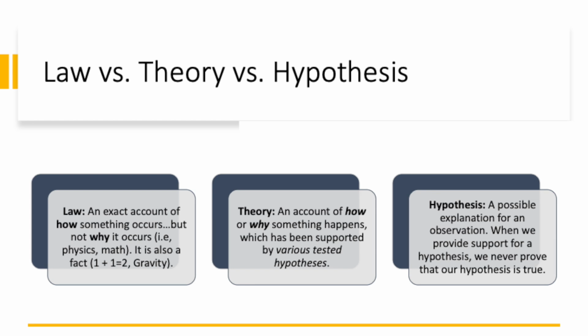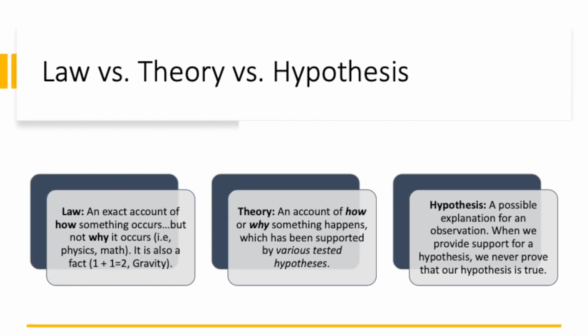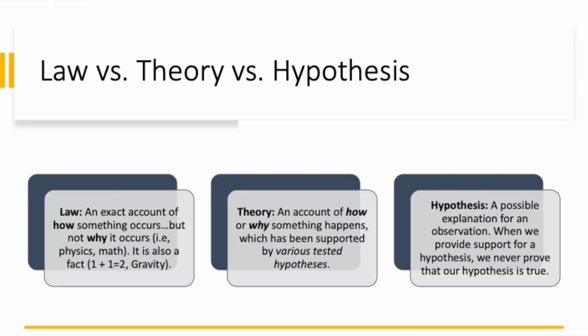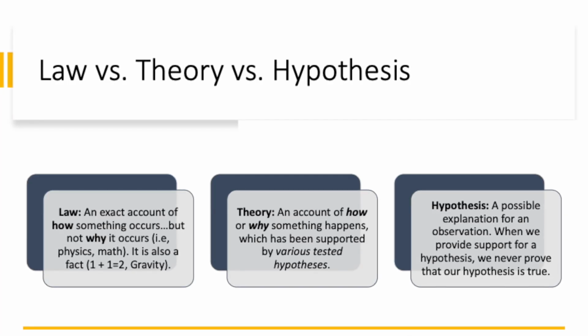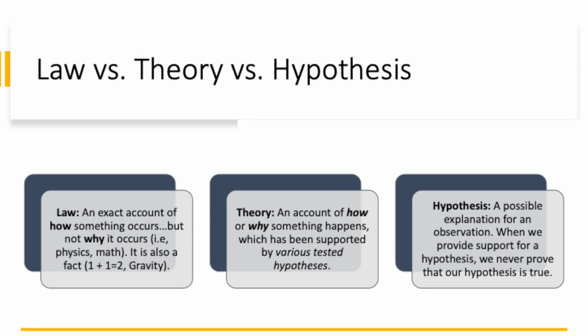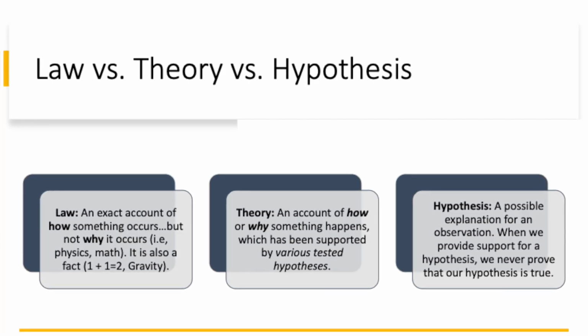Theories in child development and psychological science are supported by various hypotheses that have been tested with a lot of different studies, meaning that established theories have been tested over and over and over again using different participants, different designs, different methodology, and based on the amount of evidence supporting that theory, that's why that theory exists. Does it have room for revision? Absolutely. We don't always get it right.